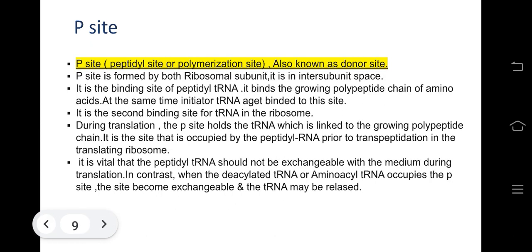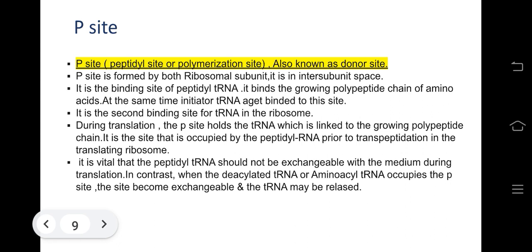It is the binding site for peptidyl tRNA. It binds the growing polypeptide chain of amino acids. At the same time, initiator tRNA is bound to this site. It is the second binding site for tRNA in the ribosome.